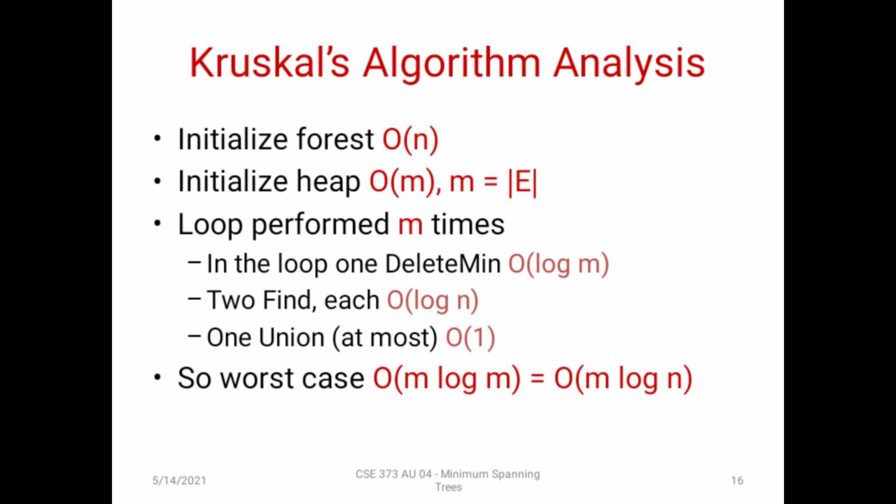Analyzing Kruskal's algorithm, the time efficiency of initializing the forest is big O of n, initializing the heap is big O of m, and the loop is performed m times. In the loop, one delete min costs big O of log m, to find each is big O of 2 find, and one union is used, so the worst case time complexity is big O of m log n.